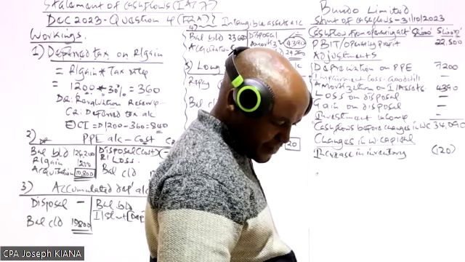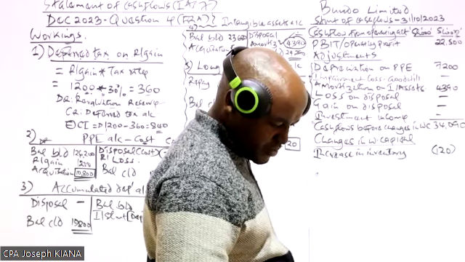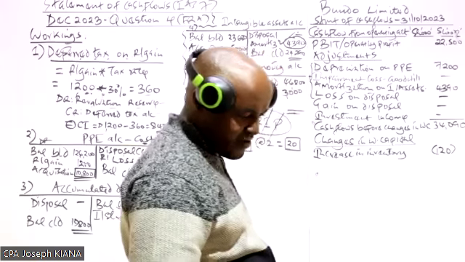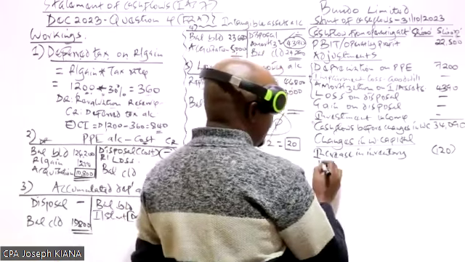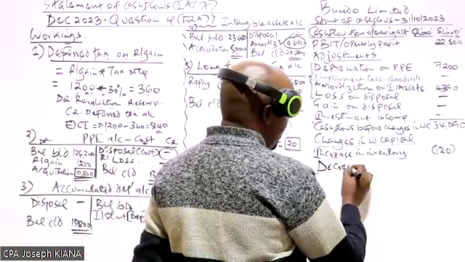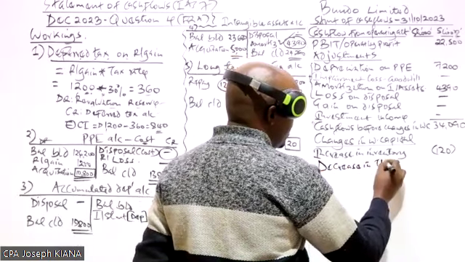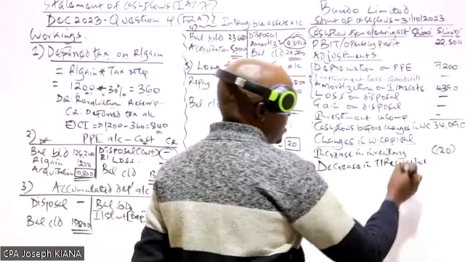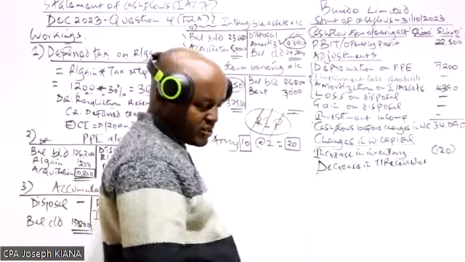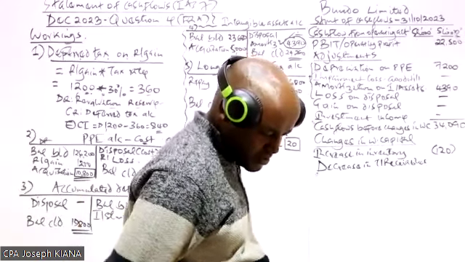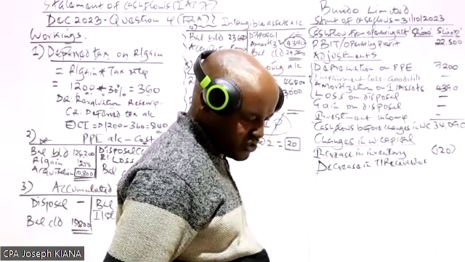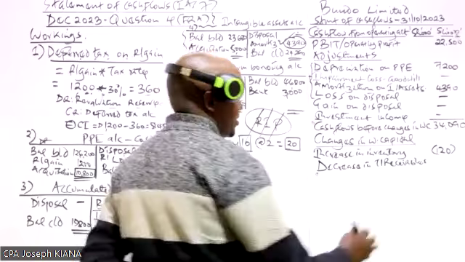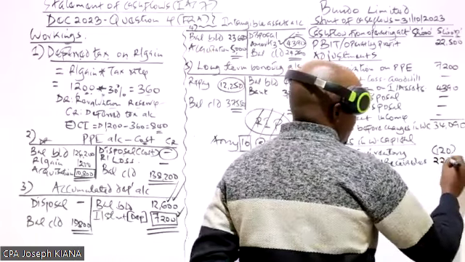Below that we have the trade receivables. Trade receivables at the start were 4290. At the end of the year, 4070. That is a decrease in trade receivables, a decrease of 220.